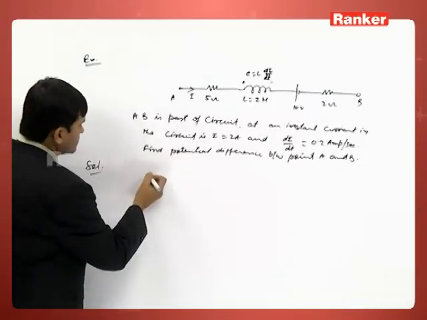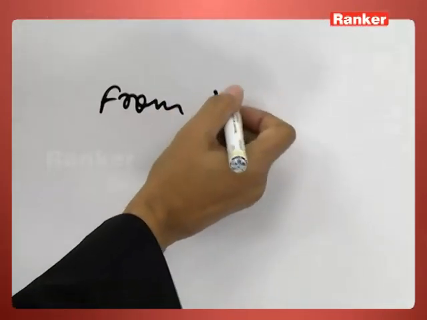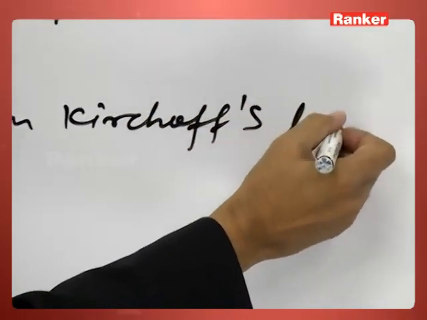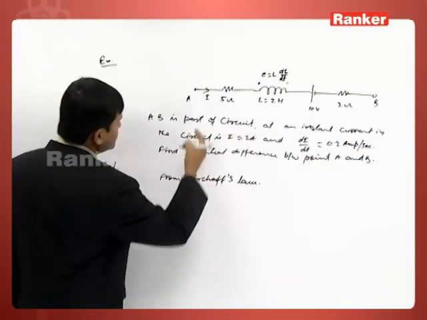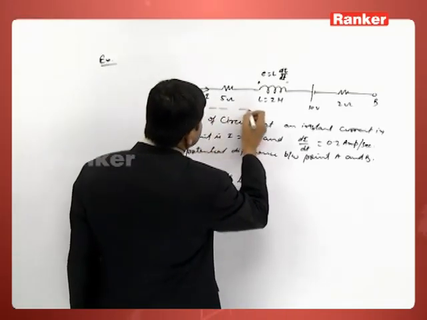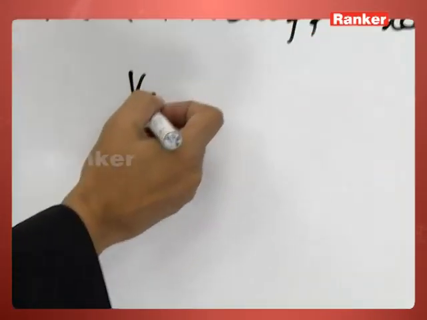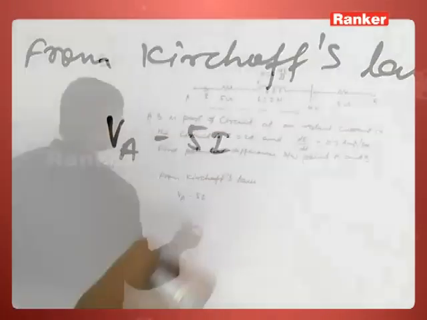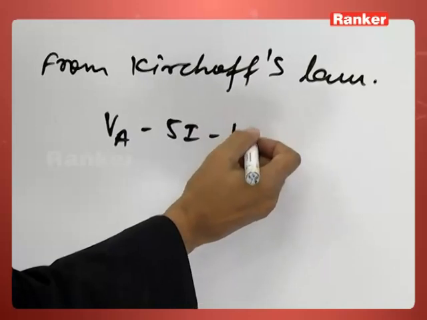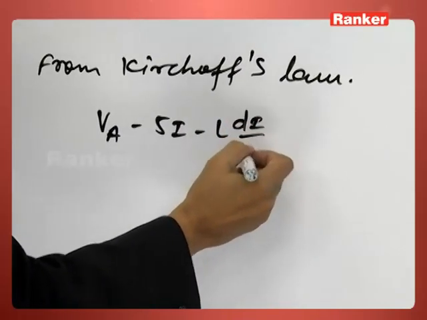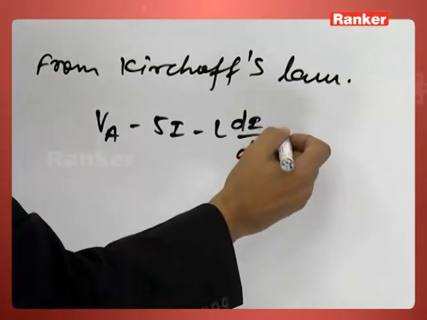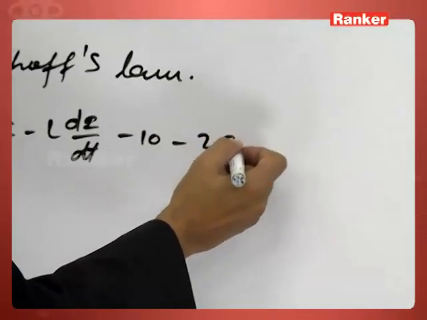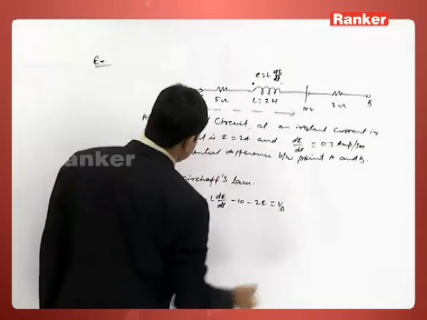Now from Kirchhoff's law, we can solve. Let us start from A to B. VA minus 5I minus L di/dt minus 10 minus 2I equals VB.